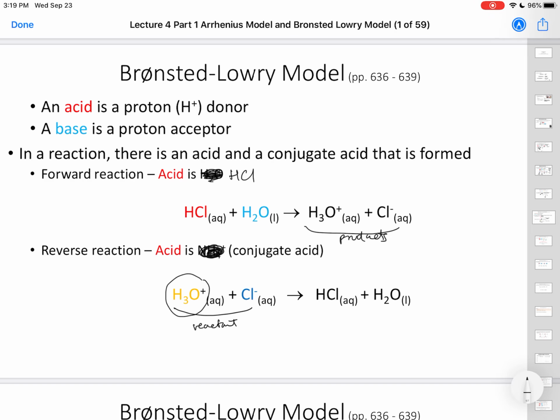It donated a proton to Cl minus to form HCl, and after donating a proton, it becomes H2O. So in this particular case, the acid is your H3O plus. So therefore, we call this a conjugate acid because it is an acid in the reverse direction. So really, what we like to say is this is your acid, this is your conjugate.